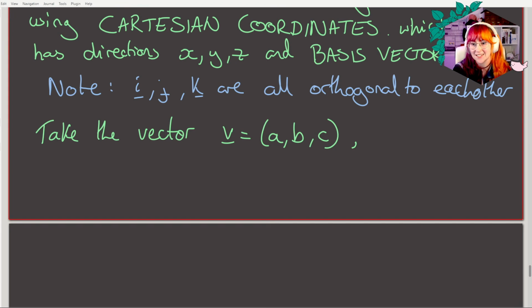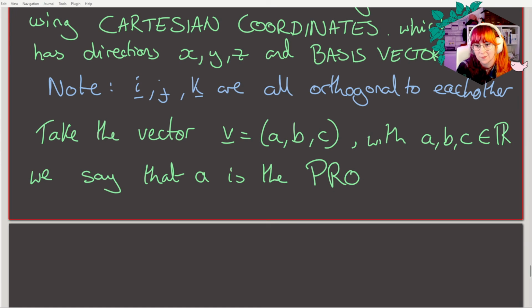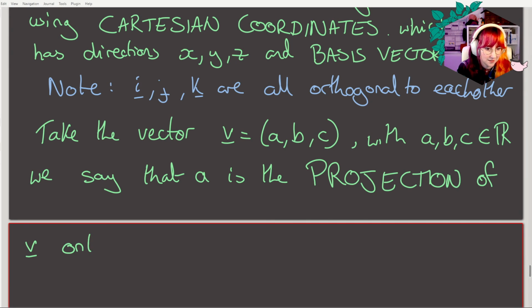Take the vector v as (a, b, c) with a, b, c in R, so they're just all real numbers. We say that a is the projection of v onto i.